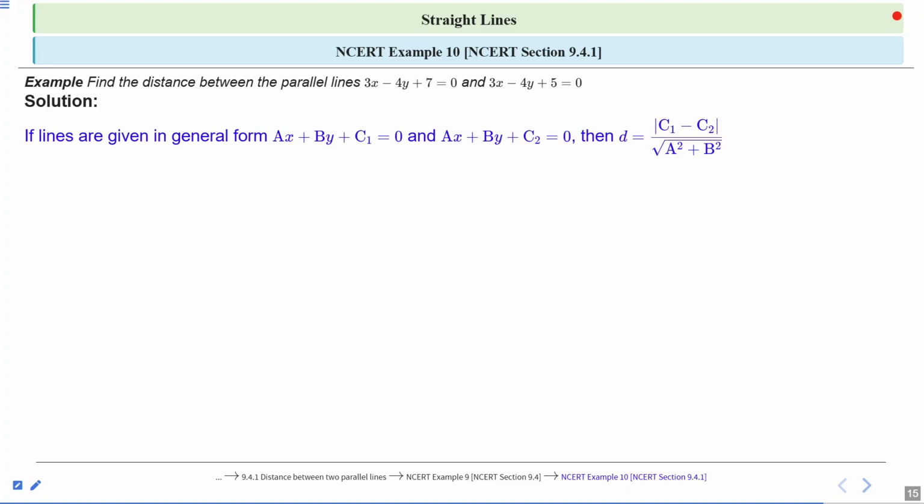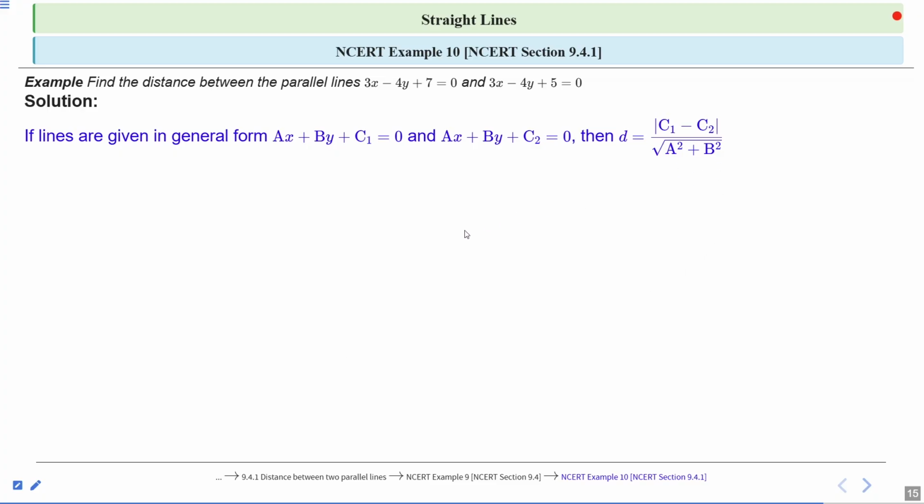We know this formula: if lines are given in the general form ax + by + c1 = 0 and ax + by + c2 = 0, then the distance between the parallel lines is d = |c1 - c2| divided by the square root of a squared plus b squared.